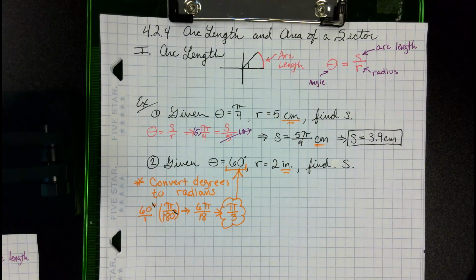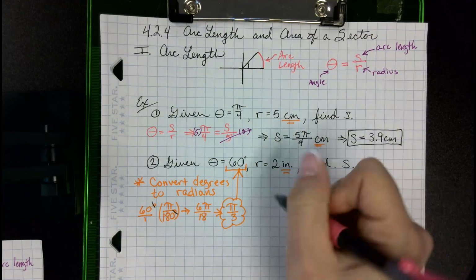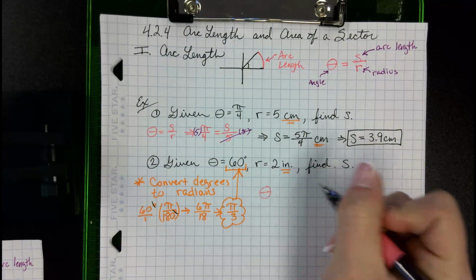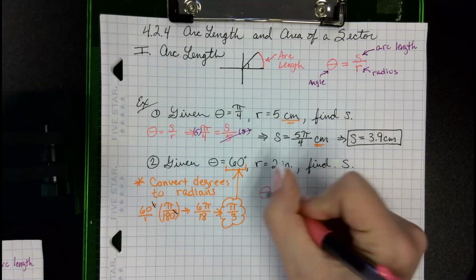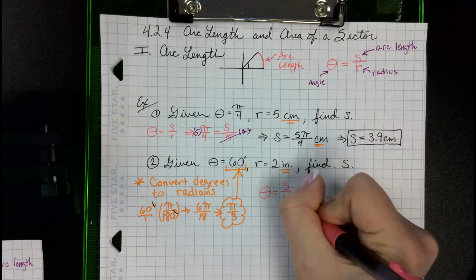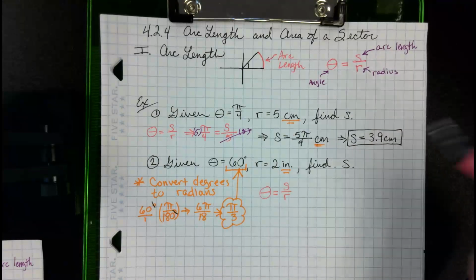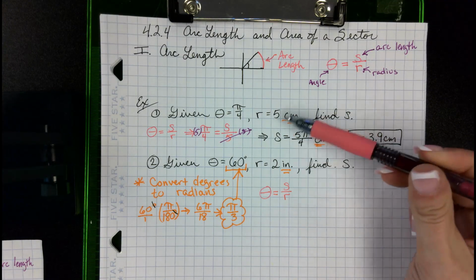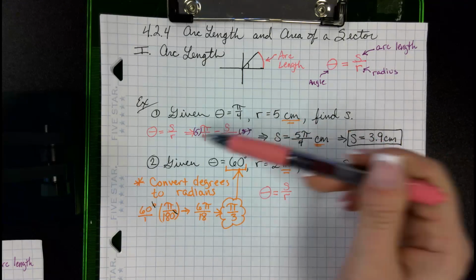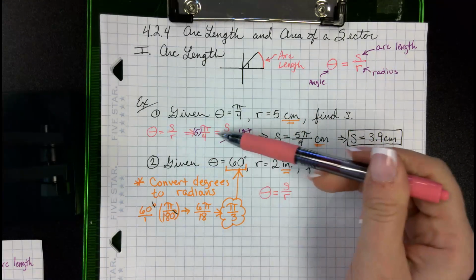So now that my theta is in radians, I can go to my formula. And I'm going to do this one in a slightly different order, so you have an option if you prefer to do it this way. Theta equals S over R. If I know that I'm solving for S, like in the first example, I plugged my values in exactly the way the formula was given.